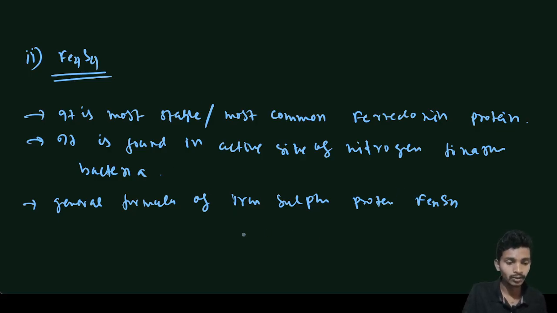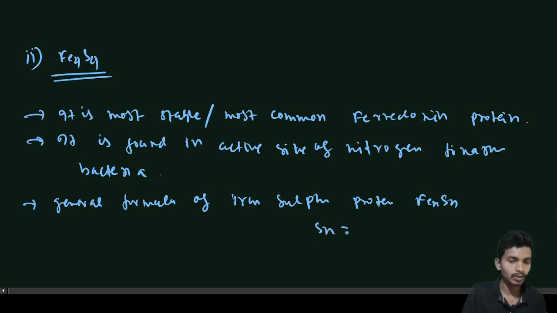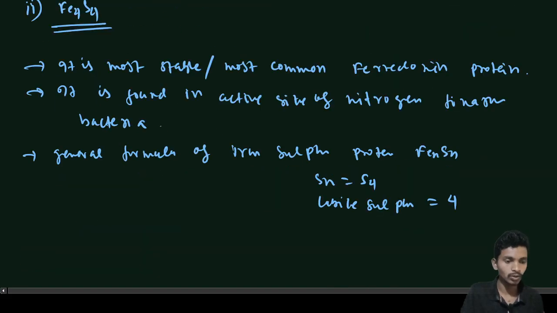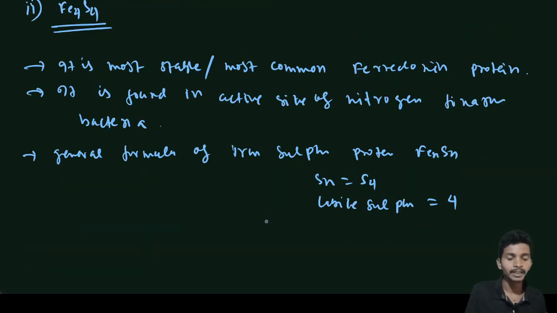So here labile sulfurs are here Sn equal to S4, meaning the labile sulfurs are 4. Okay, so also we know that wherever Fe is present, it is always attached with 4 sulfur atoms in the tetrahedral structure, and Fe is present in +3 or +2 oxidation state in non-heme proteins.